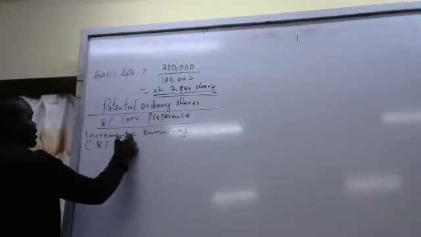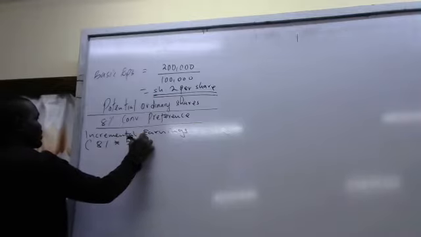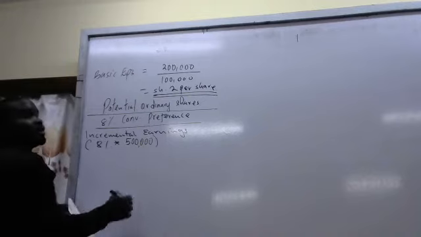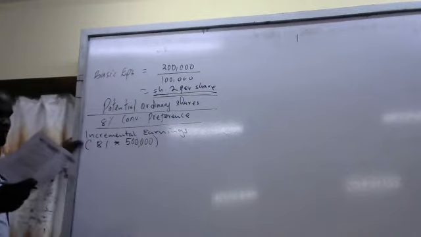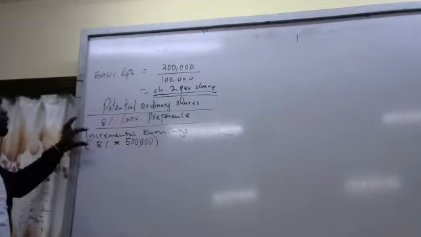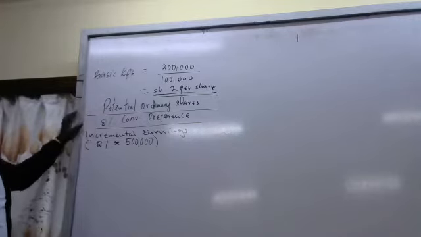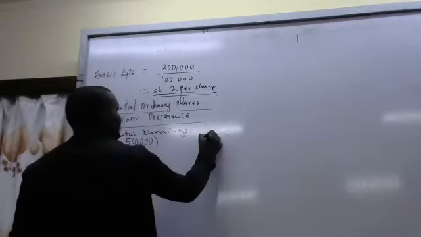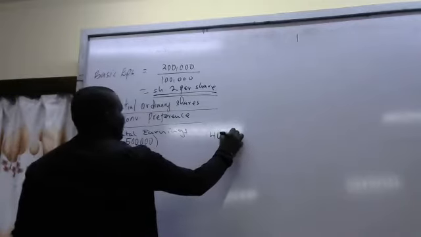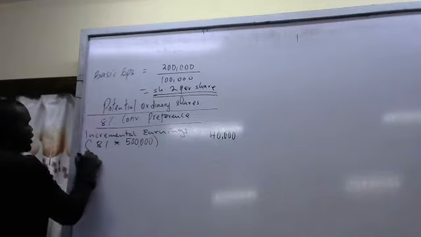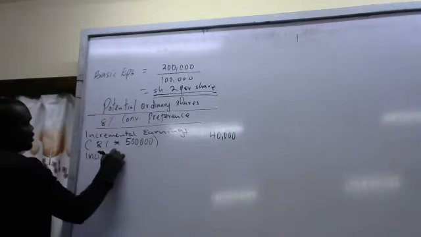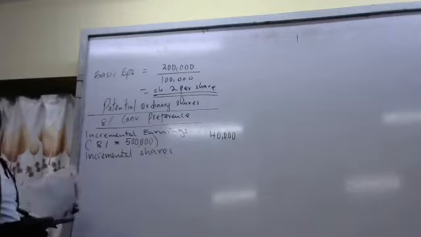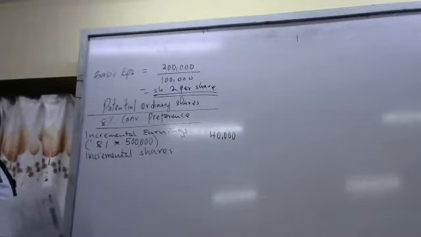So 50 times 10, but we are working in thousands, so it is 500. They said 50 million, 8% cumulative of 10. So 50 times 10 is 500, 8% of that gives 40. Then incremental shares. How were they allowed to convert if you wish to convert?